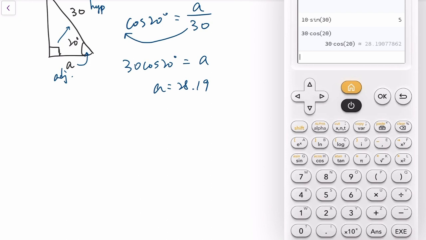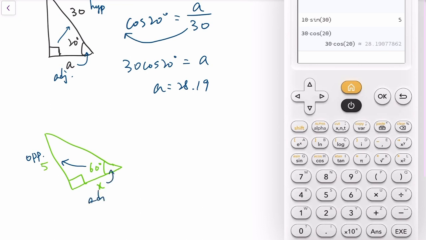Let's see another one. If you want to pause the video and try this by yourself, that would be nice. Otherwise, the answer will be coming. 3, 2, 1. So this time there's no hypotenuse involved. We have the side opposite to the angle. Then we also have the side next to the angle.